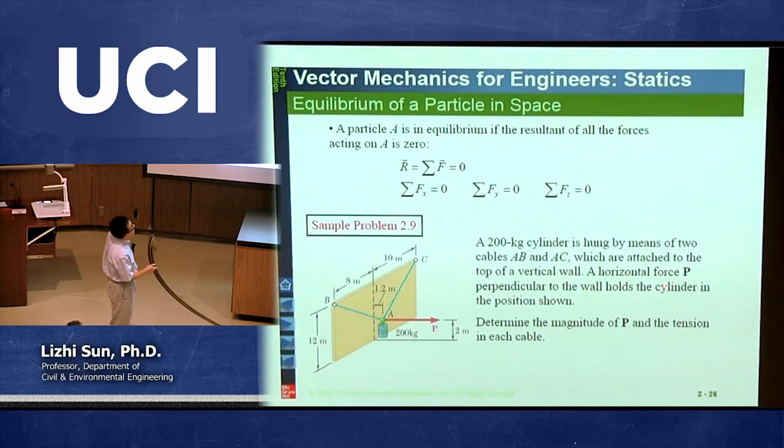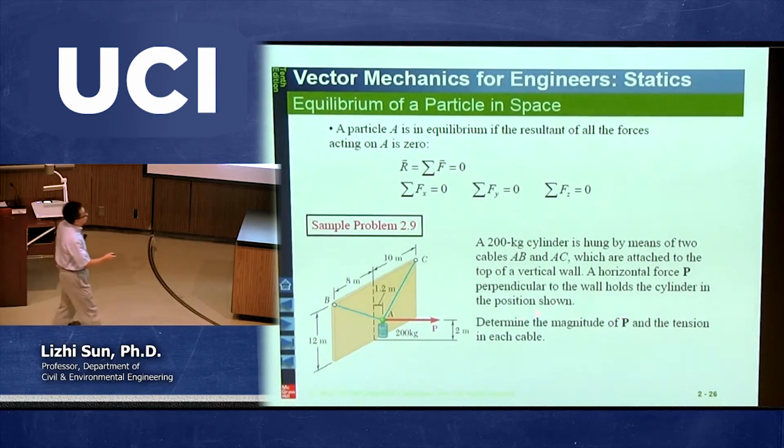In addition, there is a horizontal force P, perpendicular to the wall, to hold the cylinder in the position shown. Which means it's in equilibrium, right?